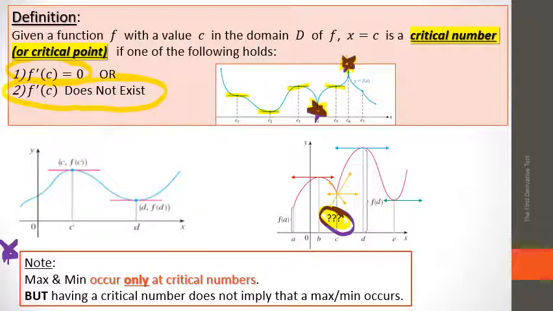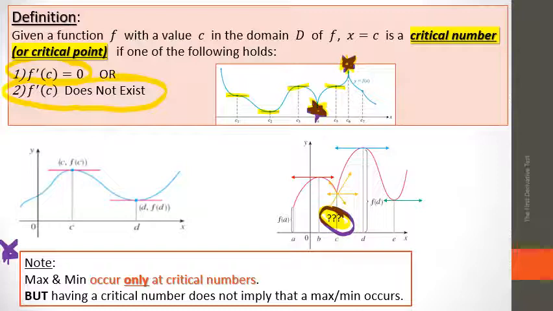So if you're looking for the max or min of a function for whatever reason, you're trying to find out when your cost is maxing out or when you're making the minimum amount of value, you know that they only occur at critical numbers. So if you can find the critical numbers, then you'll know where those max and min occur.